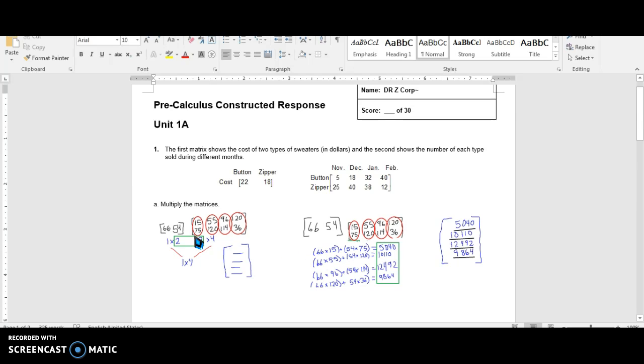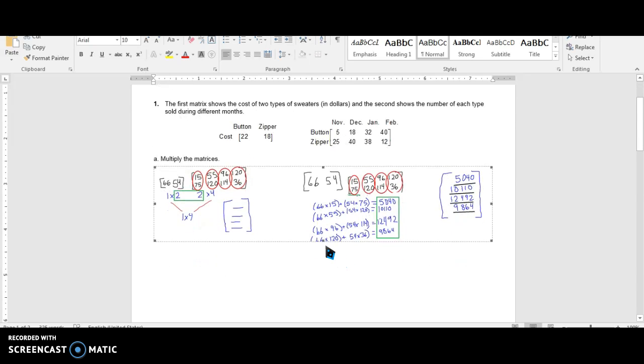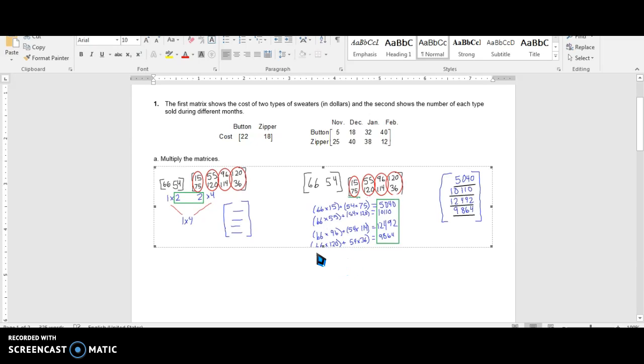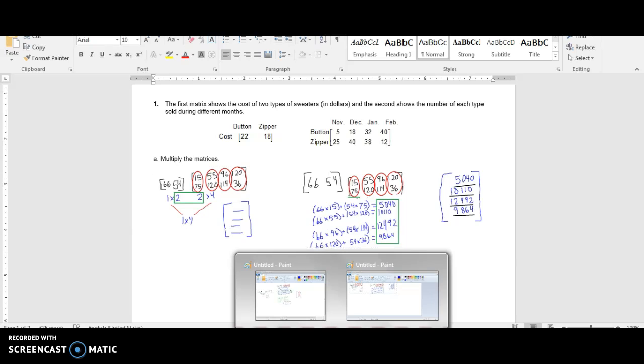It gives you the steps that you took, writing them in the brackets, rewriting them, showing how you got this number here, and how many spaces you're going to need in your matrix. Then you have here, and it looks like some of mine got cut off.